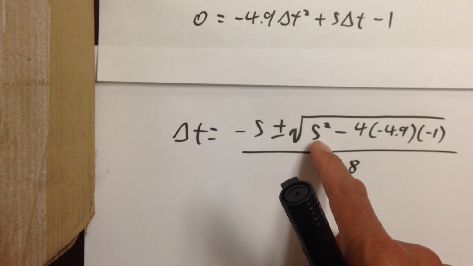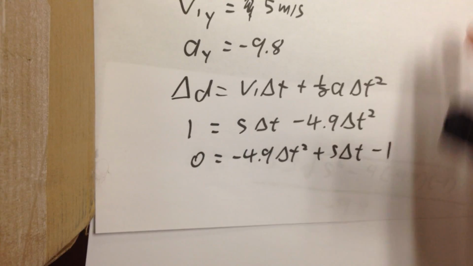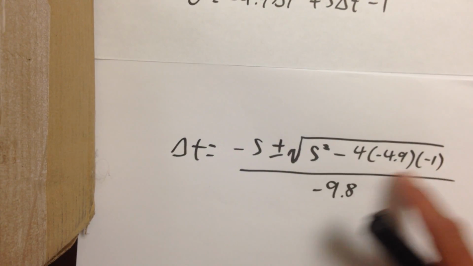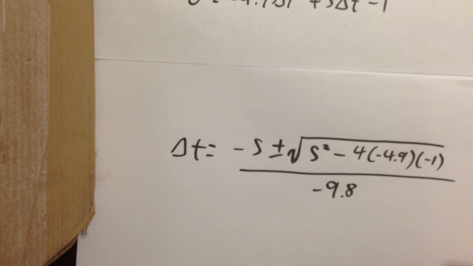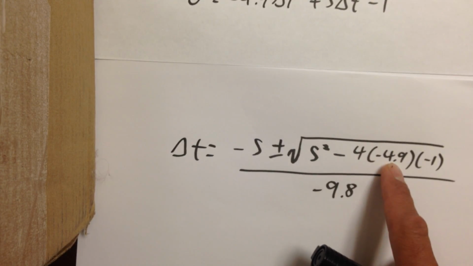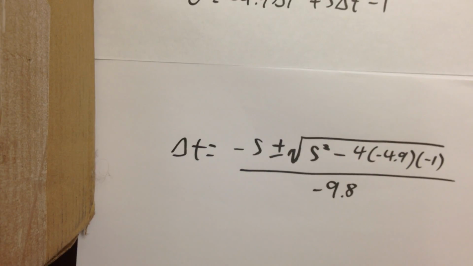If the initial upward velocity I chose was too slow for the ball to get to the hoop, I would know because when I tried to solve this quadratic, I'd be taking the square root of a negative number, meaning there's no real answer. But in this case, 5 squared is 25, 4 times 5 is 20, and I'm going to have about the square root of 5 in here, so this is going to work.